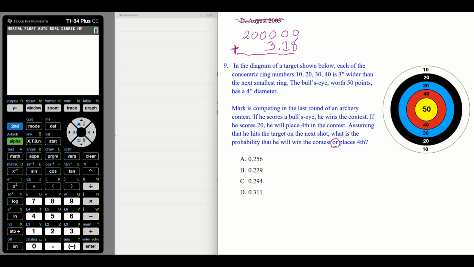That's very important. Now, we got a lot going on here. Okay, notice that this says diameter. That means radius equals 2. So let's start. We're going to talk about the bullseye and the 20. There are some things that we need to do first.